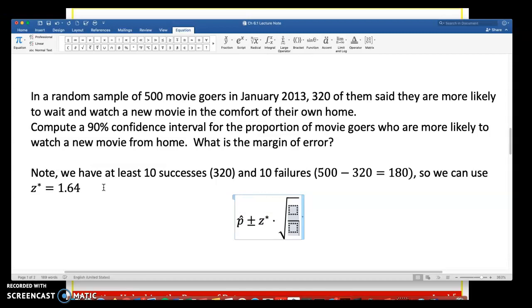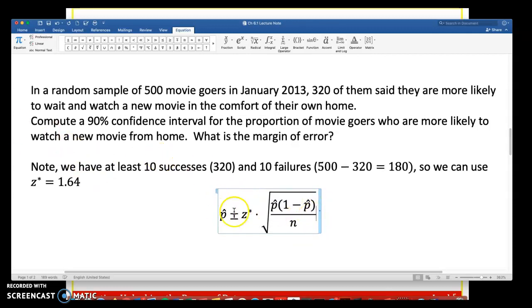And the standard error formula for confidence intervals is the square root of P hat times 1 minus P hat, all divided by n. So this is the formula we use for a single proportion.